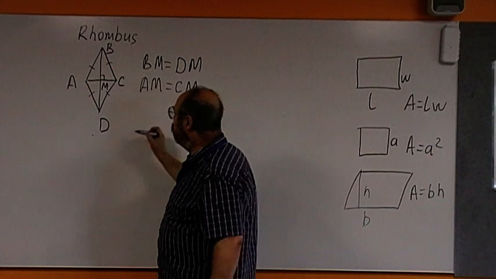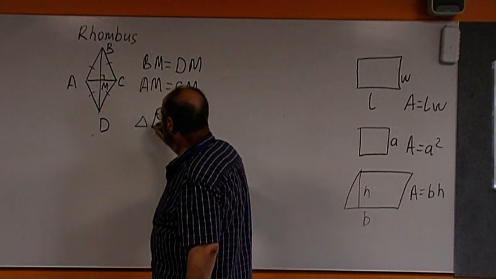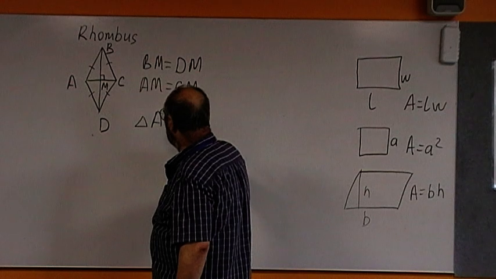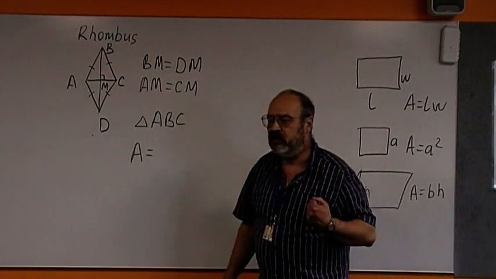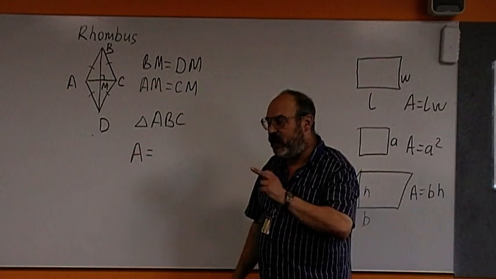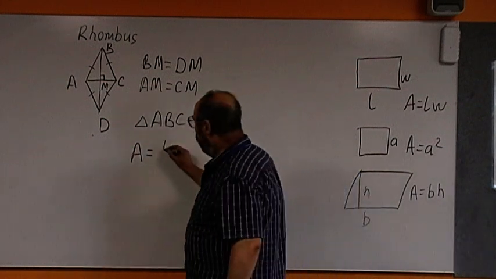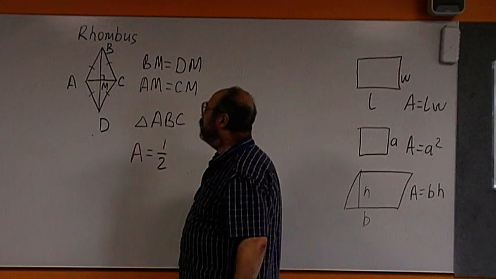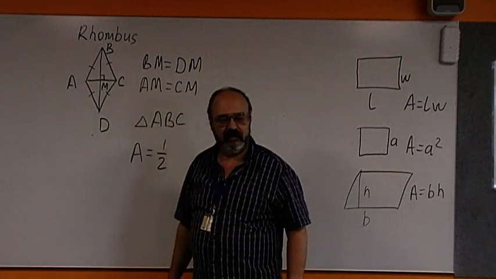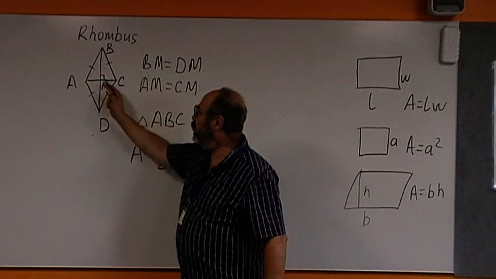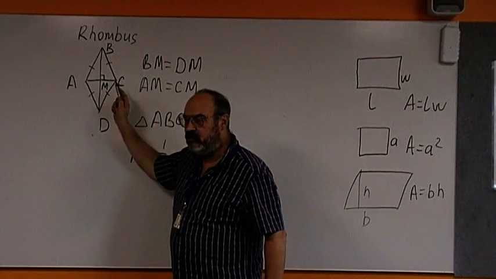So, let's consider triangle ABC. What will be its area? What is the formula for the area of a triangle? Half base times height. What is the base of triangle ABC? AC.